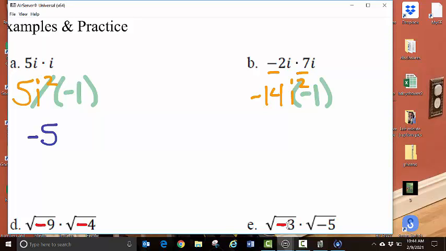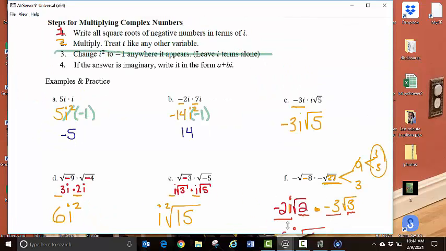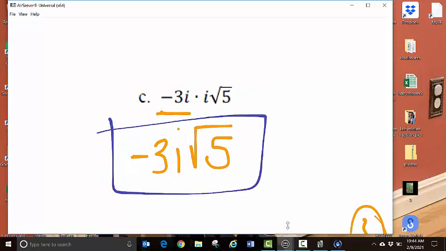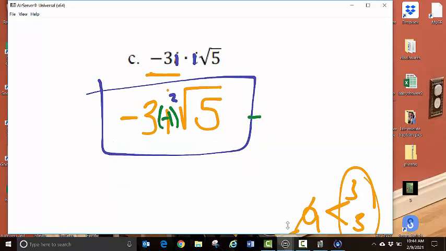So negative 14 times negative 1 is positive 14. Okay. Does this one have an i squared? It does. I just messed it up. i times i is i squared, but that's really a negative 1. So basically you just change it. It becomes 3 the square root of 5, because a negative times a negative is a positive.